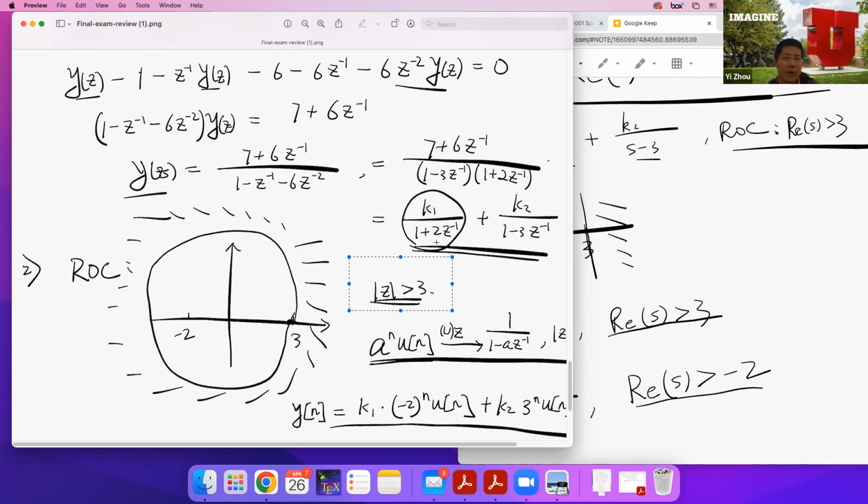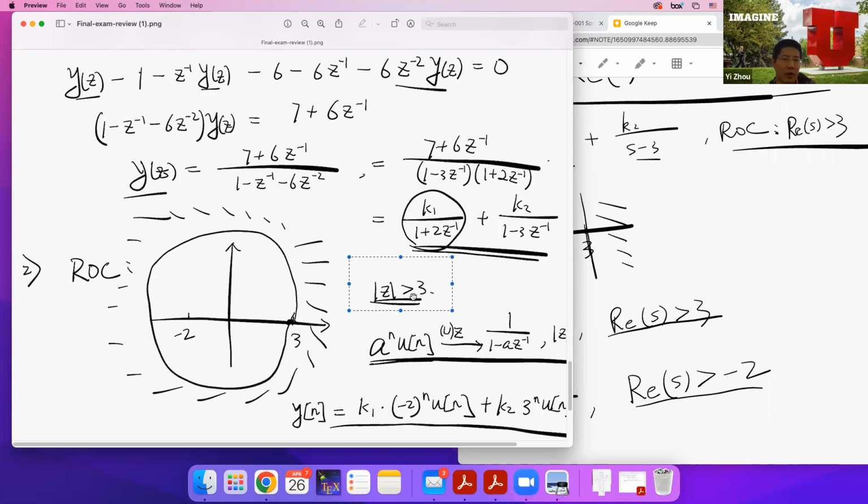Then you can go back and figure out the individual ROCs for these two parts. Clearly, this ROC is for the second part because the pole is 3. And for the first part, the pole is -2, so the only possible ROC is Z greater than 2.